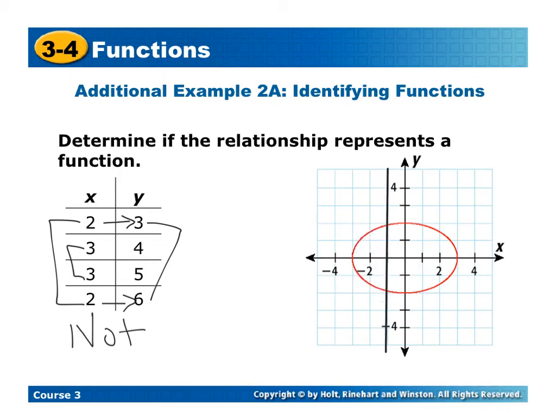For example, if I was to stop right here, you notice that I'm crossing the graph at this point and at this point. So that means for our input value of -1, there's actually two output values. There's one at 2 and there's one at a little bit less than -2.